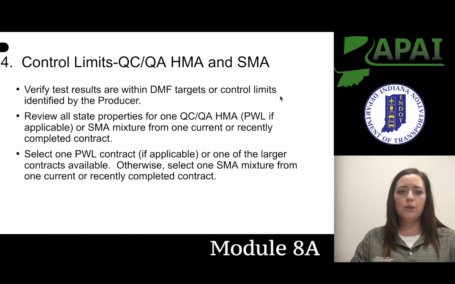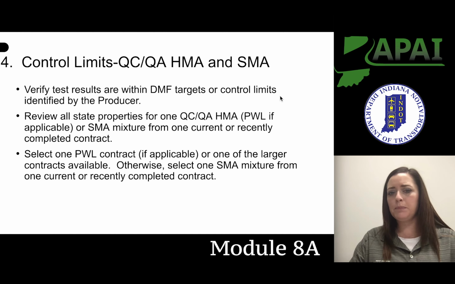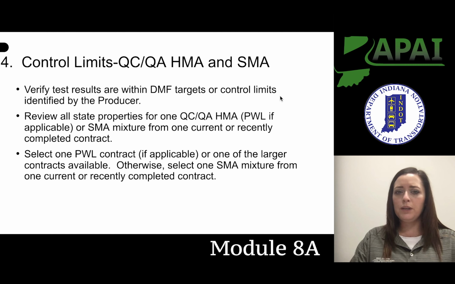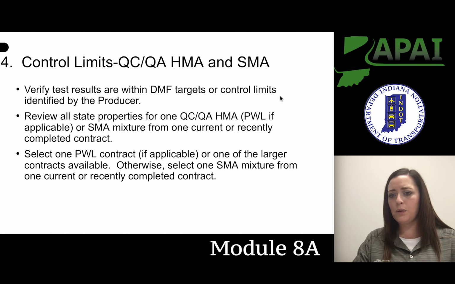We need to review all state properties for one QC/QA, HMA, PWL if applicable, or SMA mixture from one current or recently completed contract. So typically, when being asked which mix NDOT personnel will be looking at and reviewing for that plant, you want to choose a higher quantity mix, which is typically going to be a PWL mixture. We don't want something that only has 1 or 2 tests.